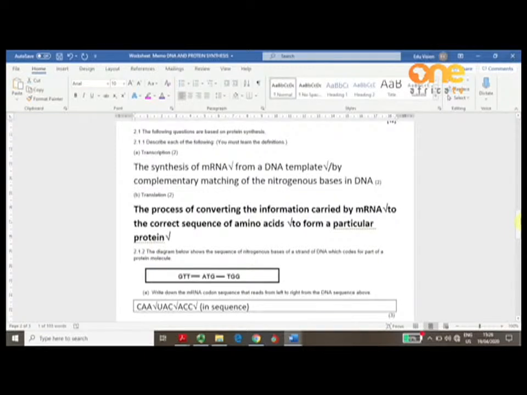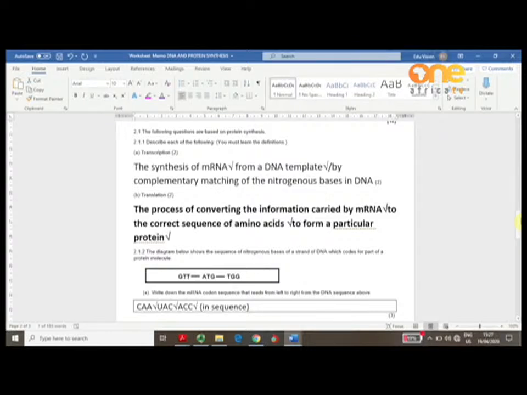Right. And then we look at the definition for transcription, the synthesis of mRNA from a DNA template by complementary matching of the nitrogenous bases in DNA.